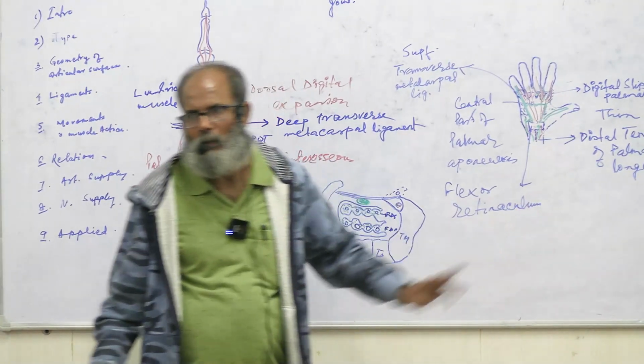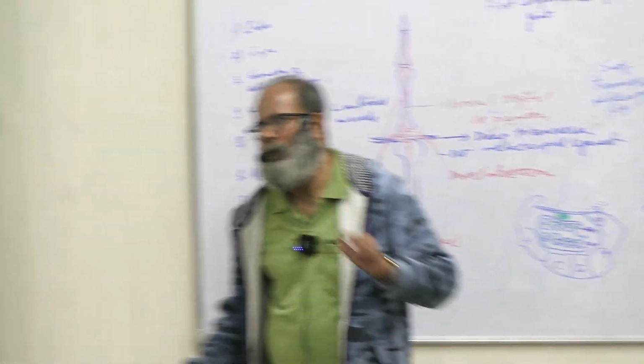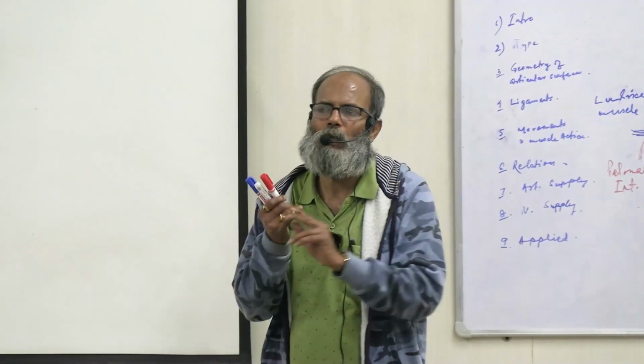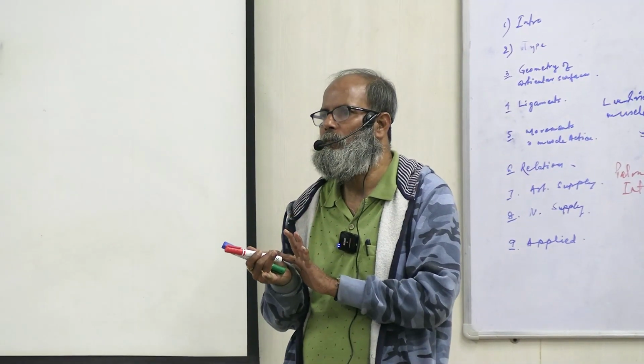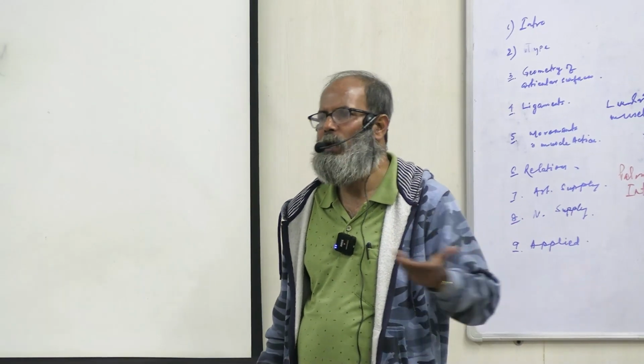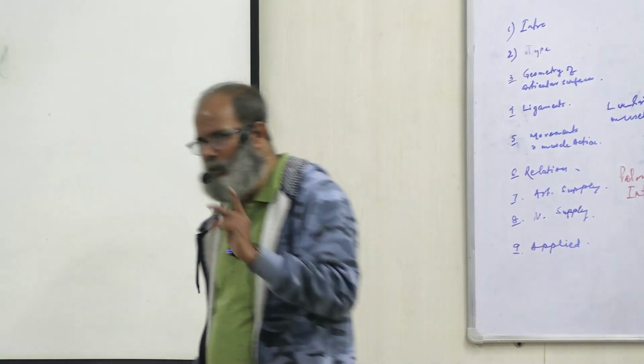Now this radial bursa and ulnar bursa sometimes can communicate behind the flexor retinaculum, communicating infection from the little finger to the thumb, right? And we need to drain this. How are we going to drain this? That is clinically important.